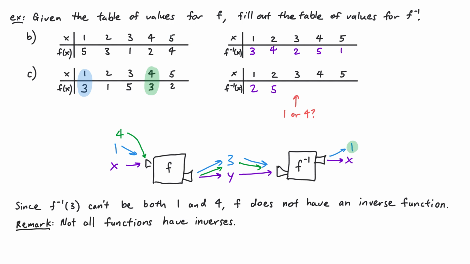So in general, we see that not all functions have inverses. In our example here, we see that there's a problem when two different inputs to the f function gave us the same output. When we have something like this, it's impossible to come up with an inverse function that does what we want.